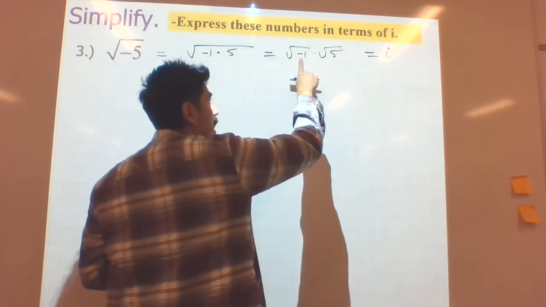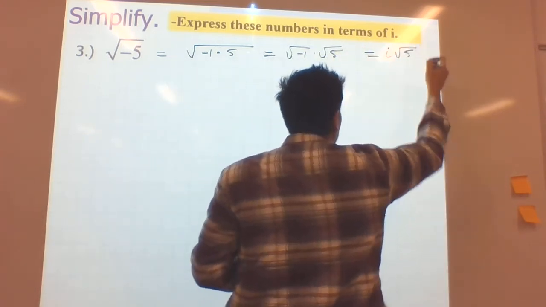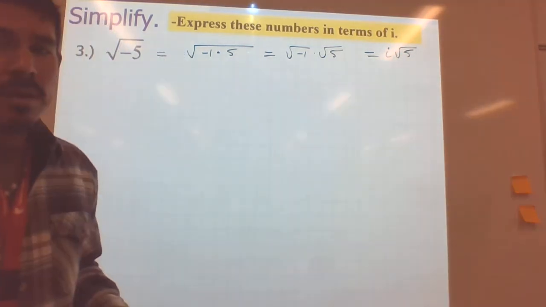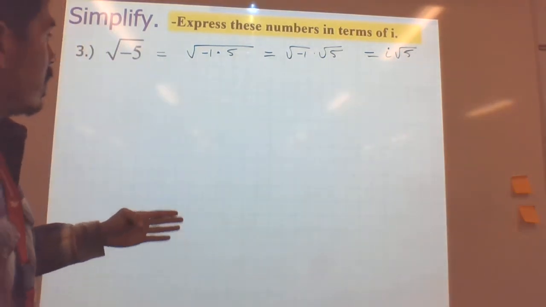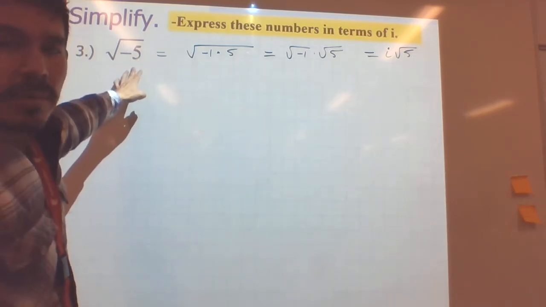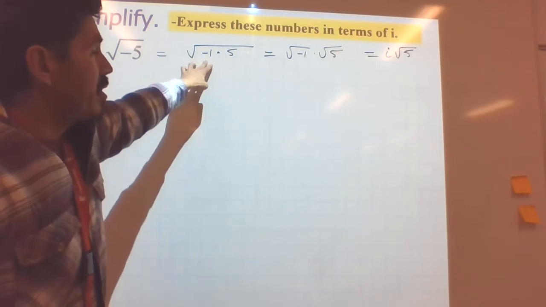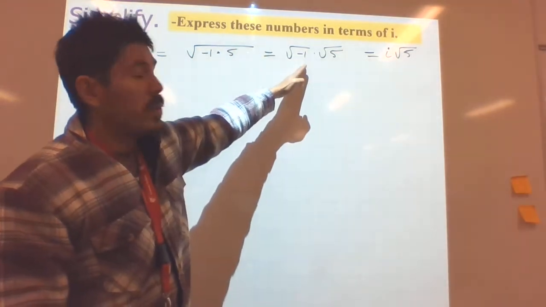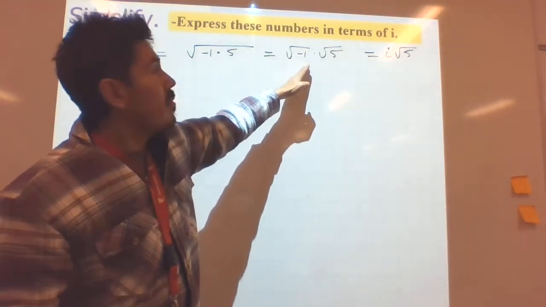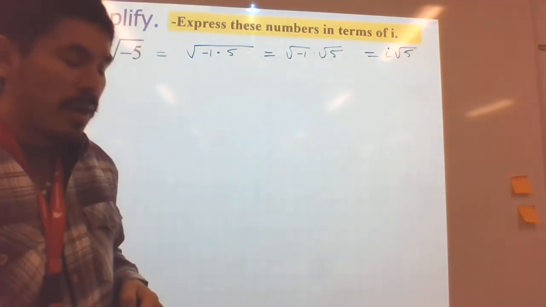And we have the square root of 5 as my answer. So all we're really doing is taking out a negative 1 as a factor. Once we get to negative 1, we separate the radicals. Once we separate the radicals, we have a square root of negative 1, and the square root of negative 1 is i.